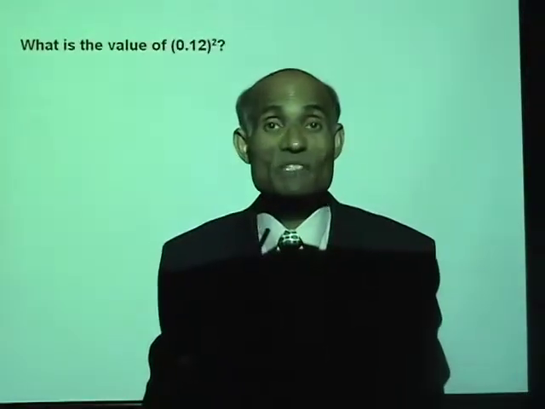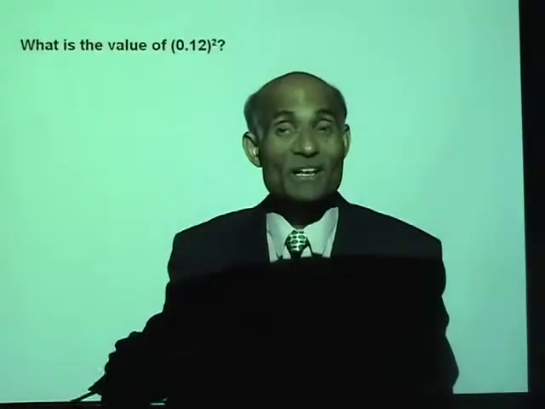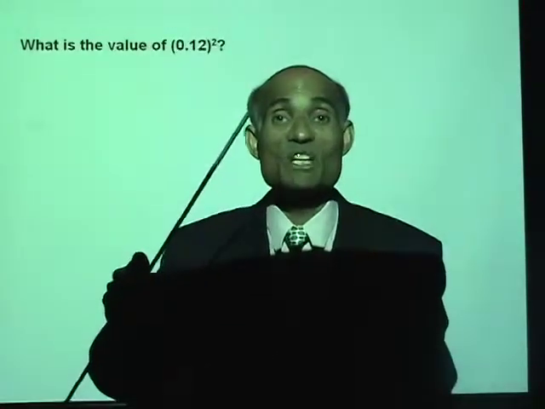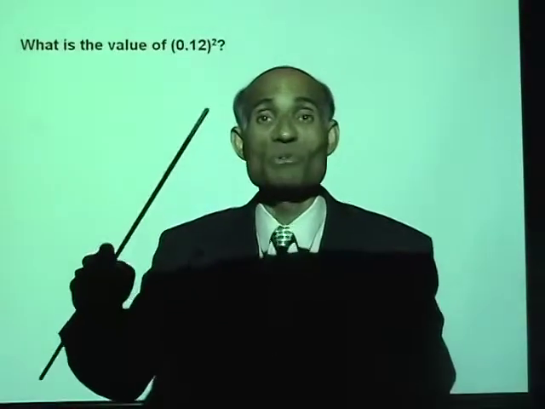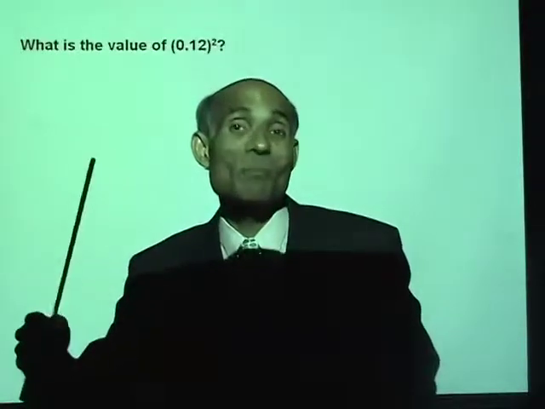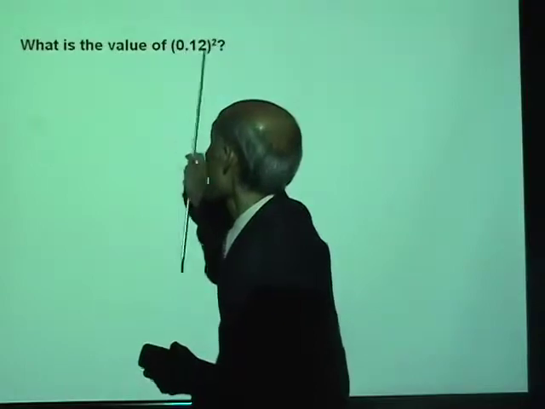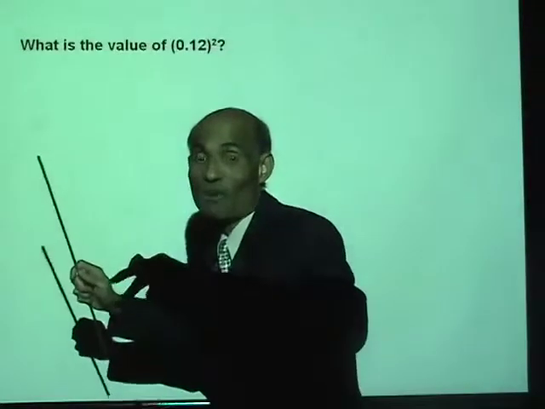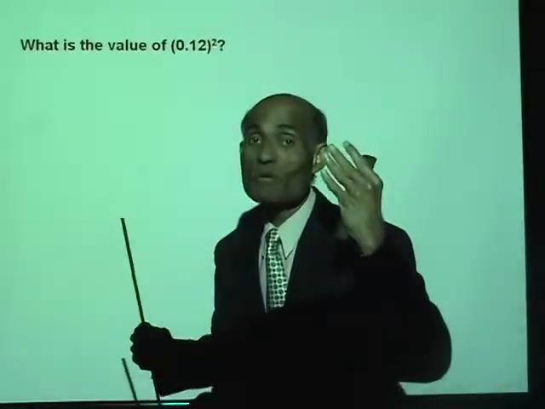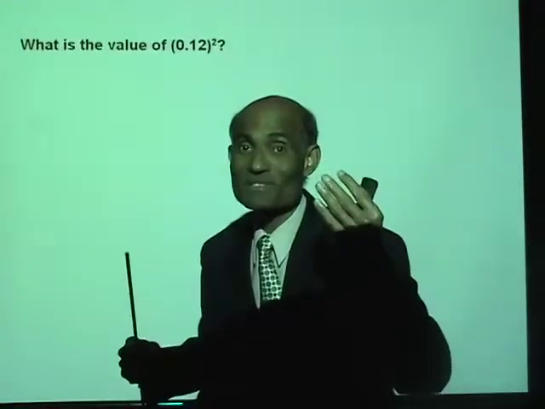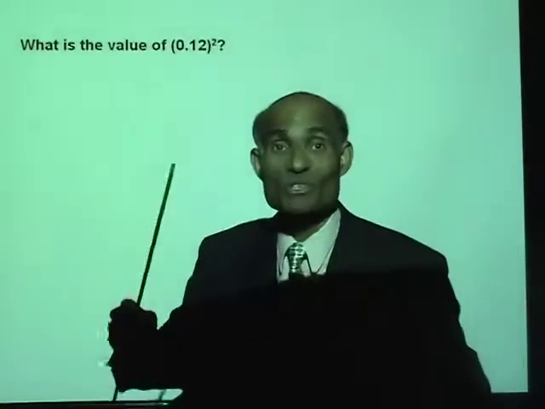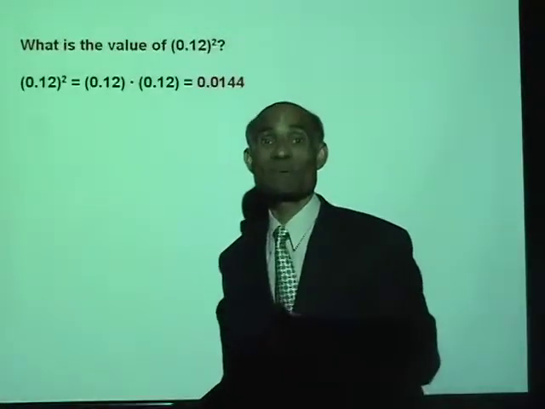The number of decimal places in the answer should be equal to the total number of decimal places in the multiplying numbers. You are multiplying 0.12 by itself. That means there will be 4 decimal places. The answer must also have 4 decimal places.